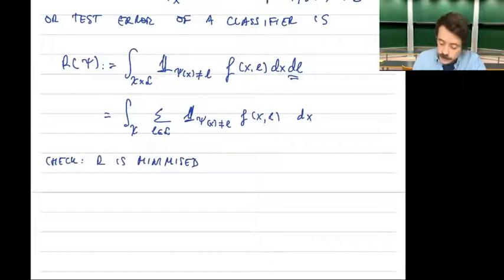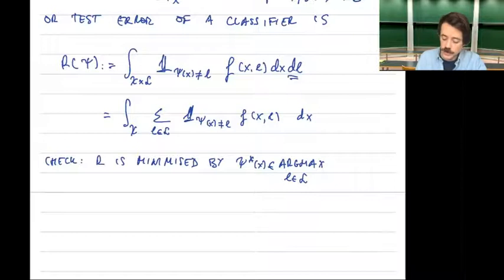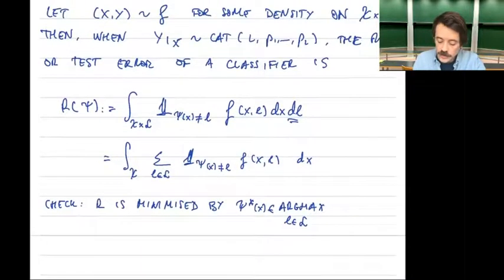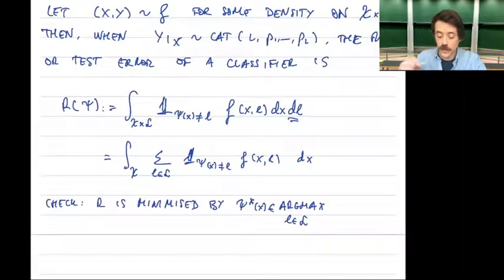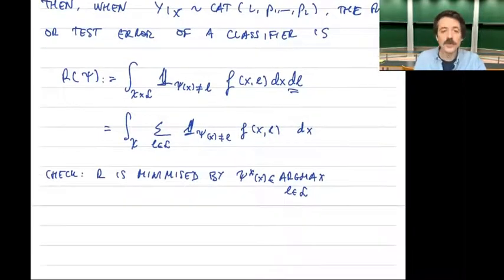So it's minimized by this classifier, which is, so now, of course, by the way, with calligraphic L, I'm now referring to this set of numerical values from 1 to capital L, because we took the categorical view of the labels.